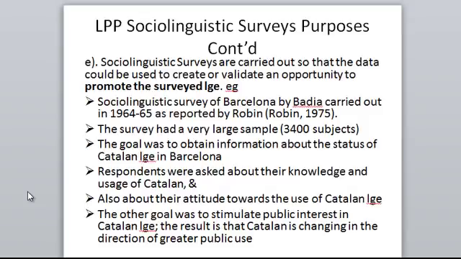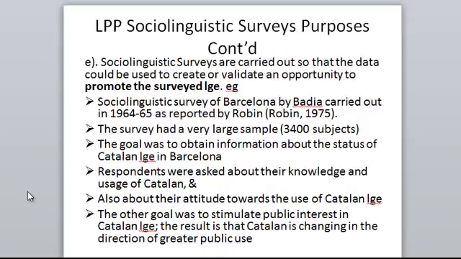The result is that Catalan language is changing in the direction of greater public use. This is put presently, but otherwise, looking at the time in which this was done, 1964 to 65, we would say the result was that Catalan was changing in the direction of greater public use. So Catalan was becoming more popular than before.